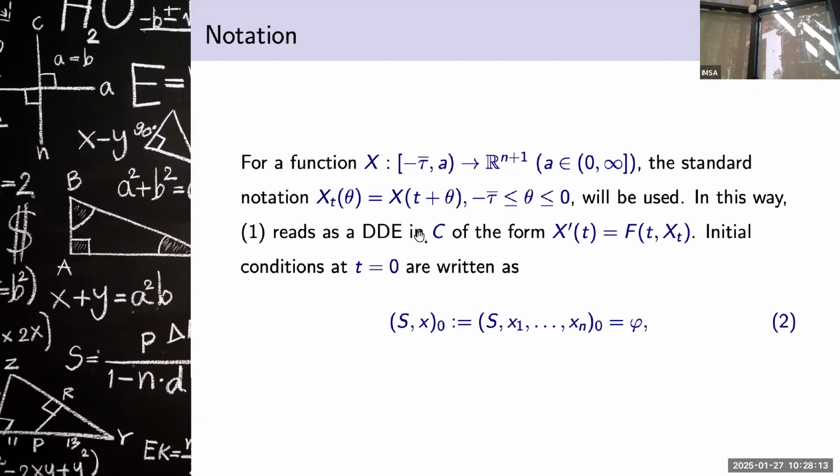And it's really important to try to rewrite our model in this way using this notation because we have a huge return about the results for this equation. As you can see, x dot (t) equals f(t, x_t). So if we try to use that in our hypothesis in a classical one, we can have a lot of results that we can use for our problem.